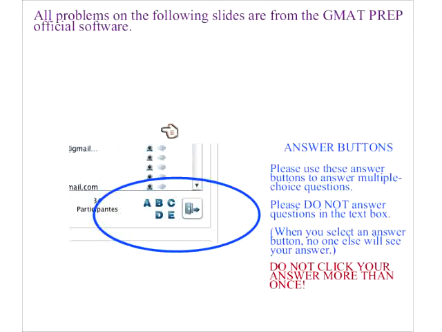As usual, the problems that are in the study hall are from the official software. This is what we almost always use in the study hall, and the reason is that there's not a lot of really good problems out there. So most random problems from third parties are frankly just sort of bad. So we have to be circumspect about the sources that we use, and we're also not allowed to use the official guide.